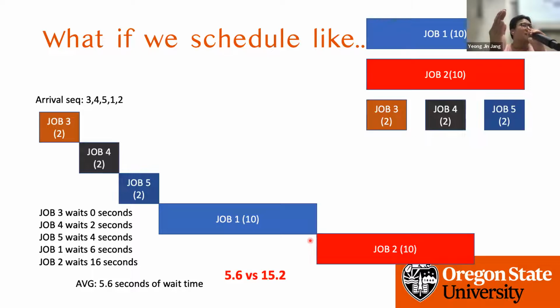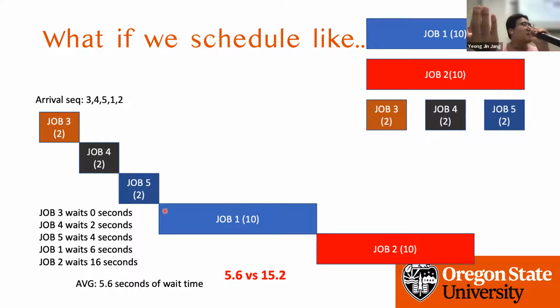But in the preemptive execution, we schedule in the order of remaining job time, but we give only one slice of the execution right to each job. So in this case, if job 1 got scheduled, in the non-preemptive case we wait until job 1 finishes, 10 seconds.